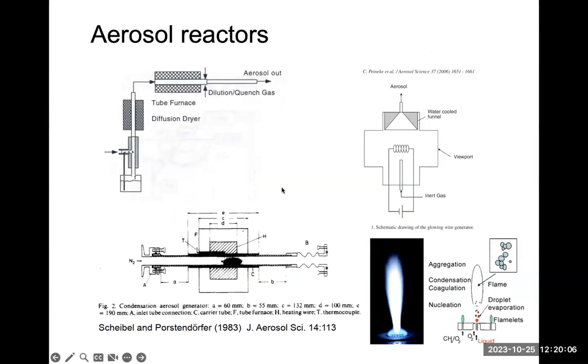Here I'm listing a few more examples. For example, you can have the tube furnace, where you can generate aerosols that have a relatively low boiling point. For example, you can use ammonium sulfate, generate it with the nebulizer first, and once introduced into a tube furnace, these ammonium sulfate particles will just vaporize.